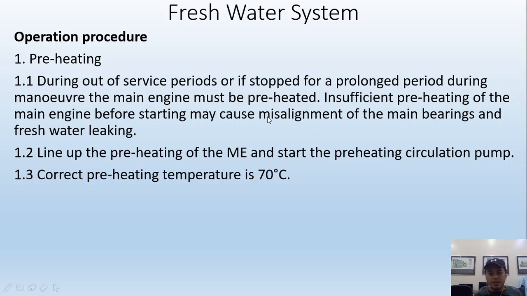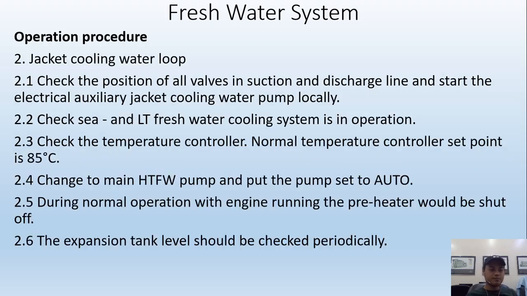So if your preheating is not proper, there may be a misalignment of our main bearings and freshwater leaking inside the engine. To prevent that, the engine should work at its proper working temperature. So line up the preheating of the main engine, start the preheating circulation pump, and the preheating temperature should be around 70 degrees Celsius before you start the main engine, okay? So preheating is always needed.